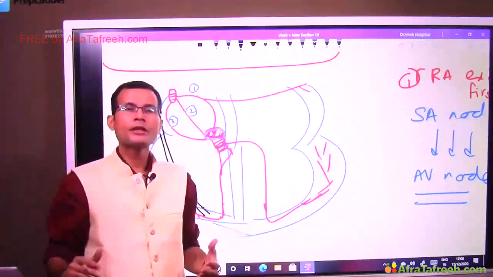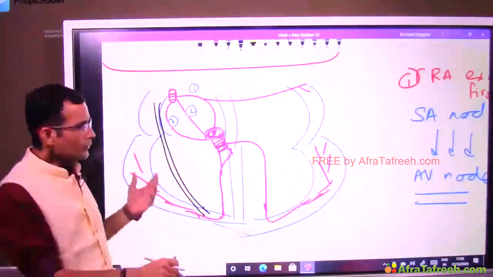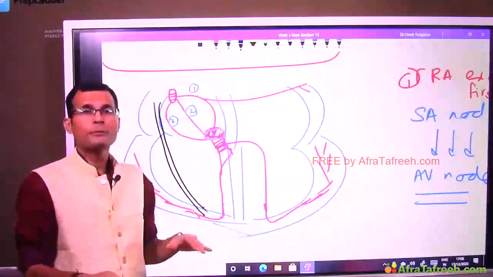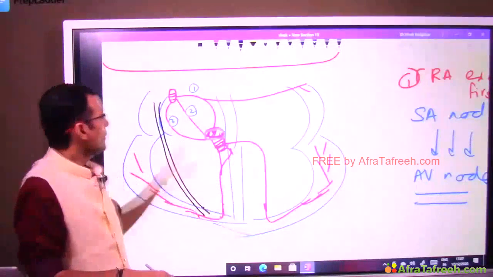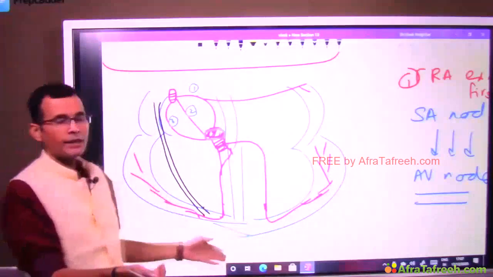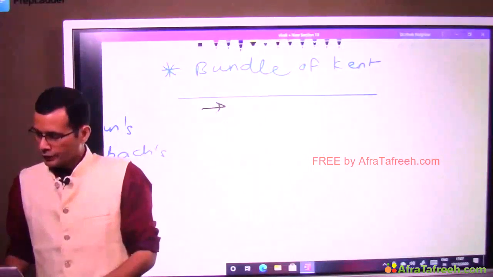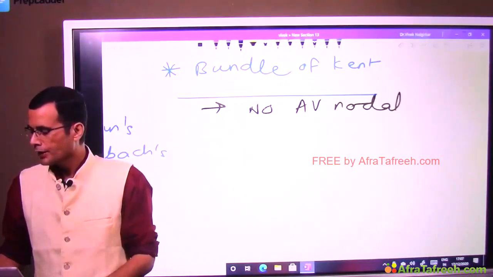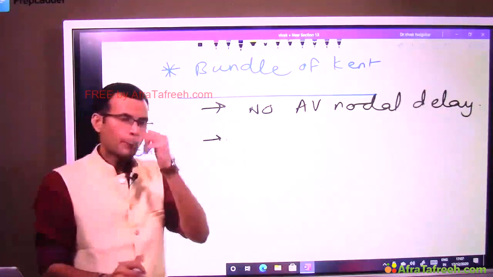This abnormality is present in a few individuals, and in them, this bundle of Kent, an aberrant anomalous path, bypasses the AV node. So there will be no AV nodal delay. Impulse from the atrium will go directly into the ventricle. Right? So no AV nodal delay in these individuals. Okay.